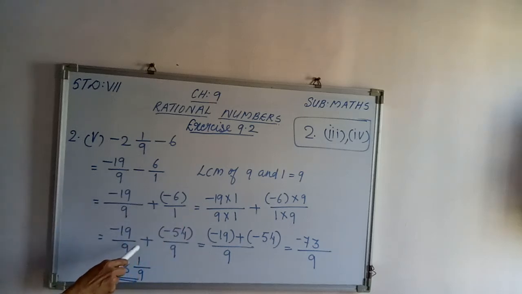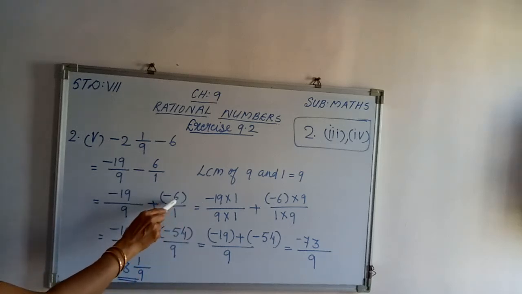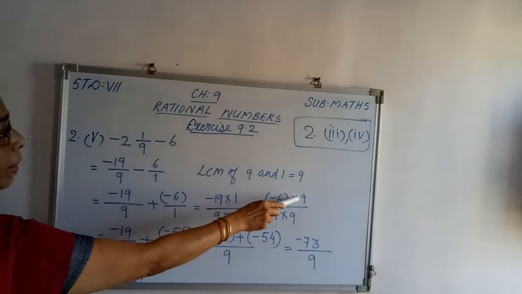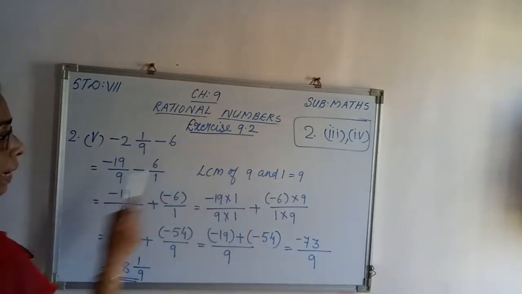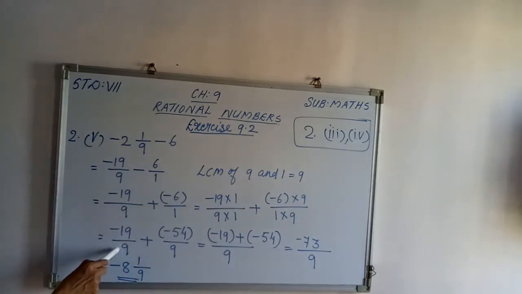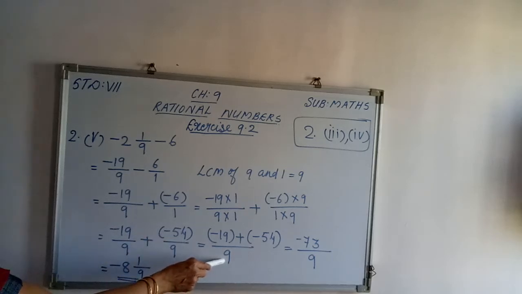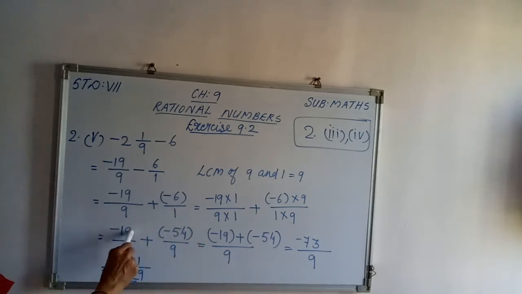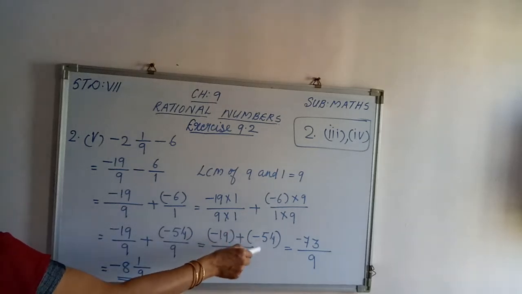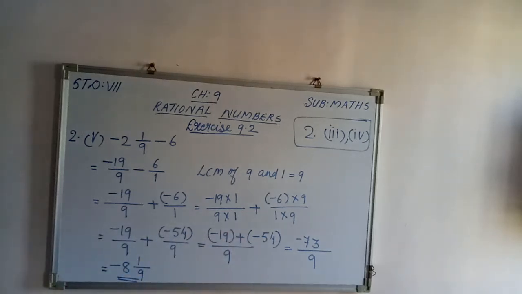So common denominator as 9. Here minus 6 multiplied by 9, so 1 also multiplied by 9. We get minus 19 upon 9 plus minus 54 upon 9. So 9 is the common denominator, minus 19 plus minus 54. We get minus 73 upon 9, that can be written as minus 8 1 upon 9.